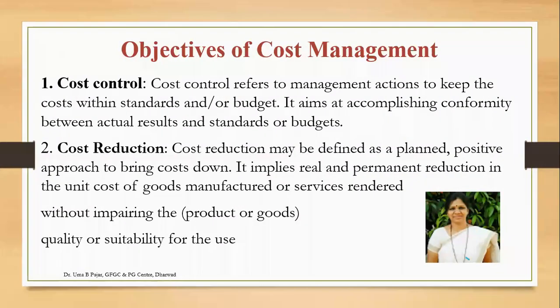The first point is cost control. The very objective of cost management is to control the cost. Cost control refers to management actions to keep the costs within standards or within the budget. It aims at accomplishing conformity between actual results and standards or budgets.